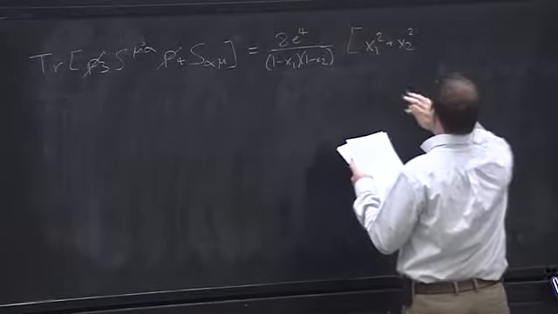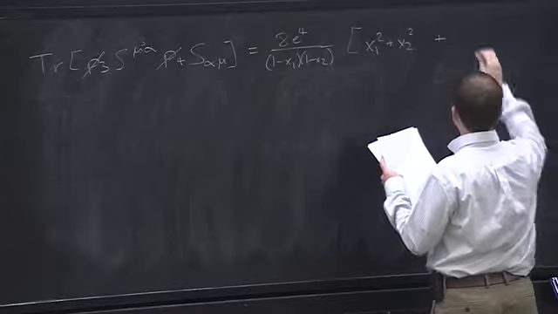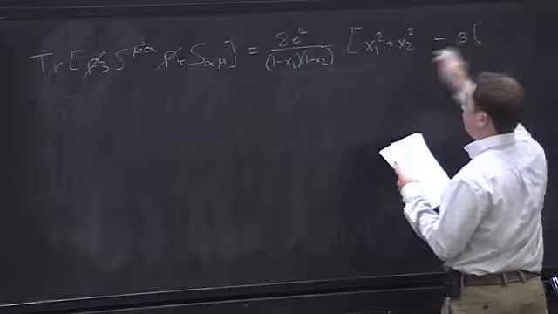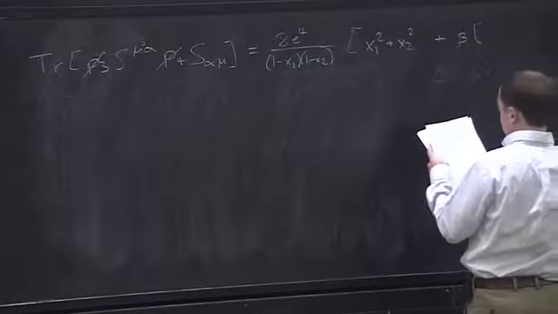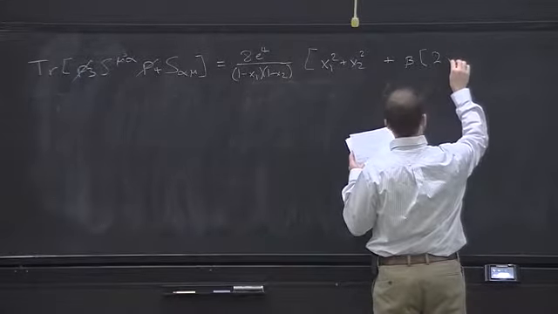So these terms are independent of beta, and all the other terms have positive powers of beta. So this term is going to diverge if we set beta to 0.